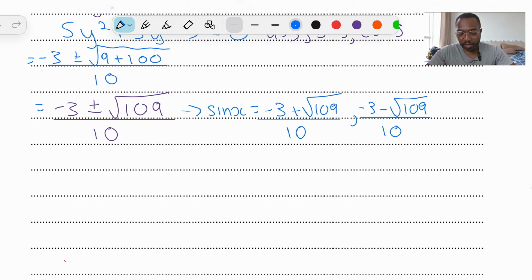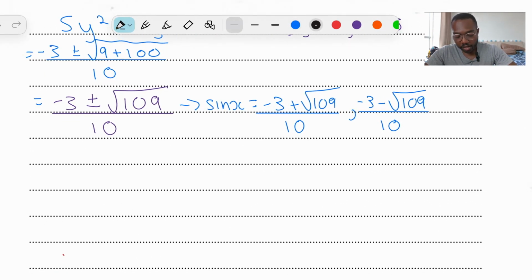Now, if you work out those values, if you do minus 3 plus the square root of 109 over 10 on your calculator, you will get 0.74, okay? And if you do the same for minus 3 minus the square root of 109 over 10, you get minus 1.34. Now, what does this mean?